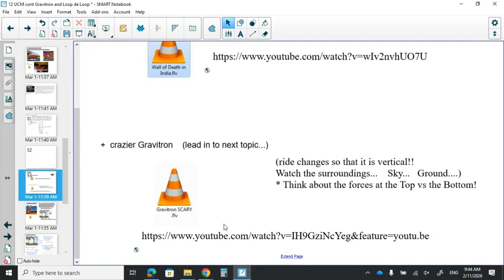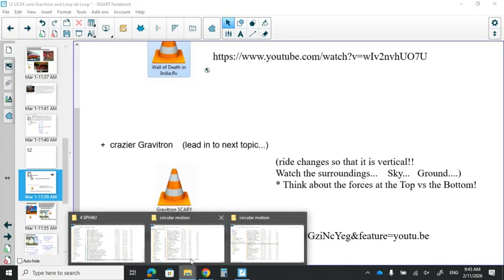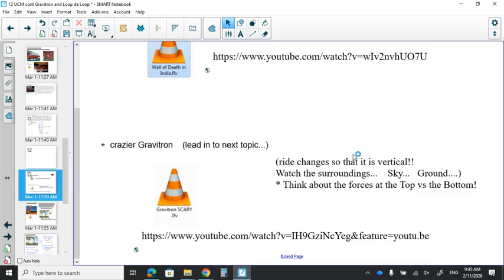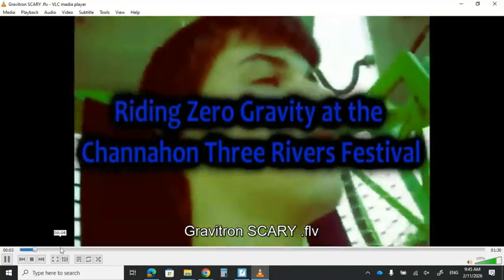Or actually the wall of death, right? The scary one actually is the normal Gravitron ride. So this one, I have a note there. It says, watch the surroundings in the background. You can see it tilts, right? So in this one here, you're starting out horizontal and so on. And then as the ride goes on, you can kind of see in the background at some point it's going to be trees, ground, and then sky, and then ground, and then sky, and so on.